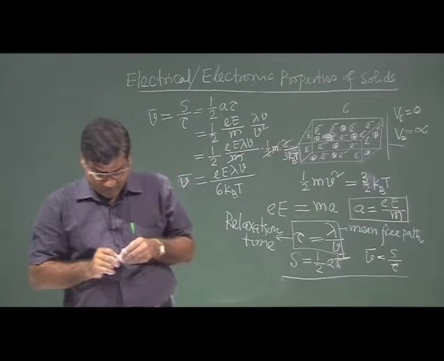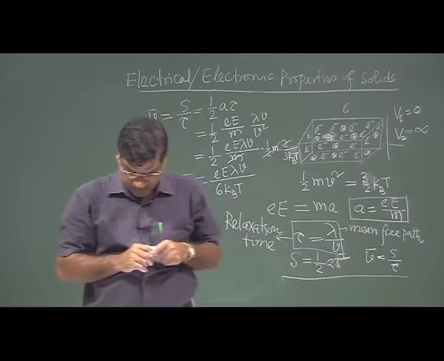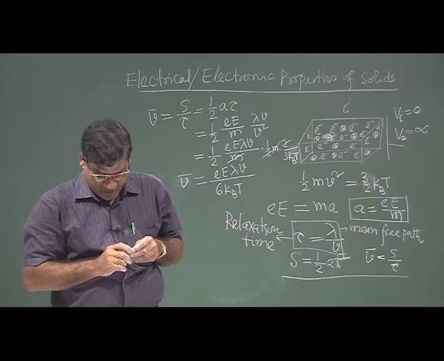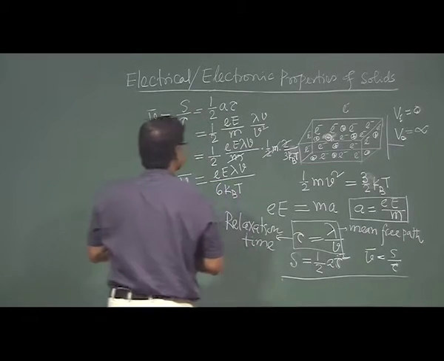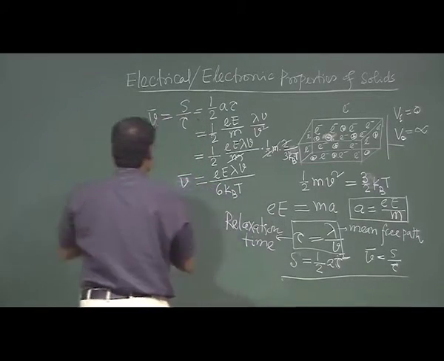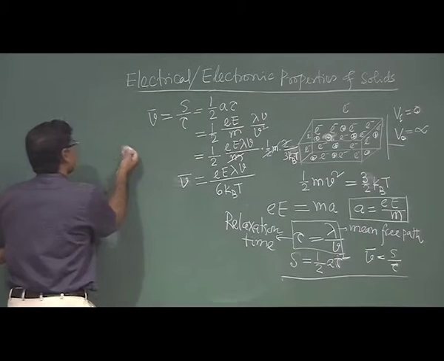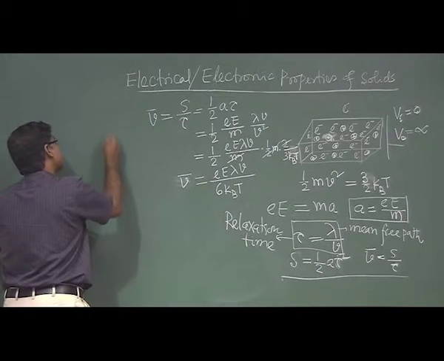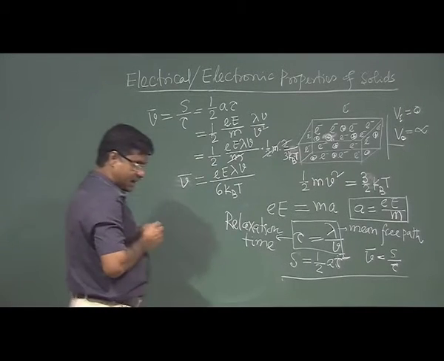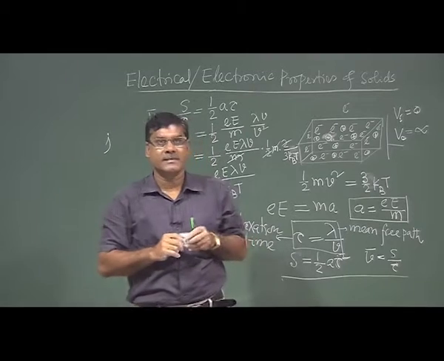So, now we can define the current in terms of known parameters. Current density J. What is current density? What is current?